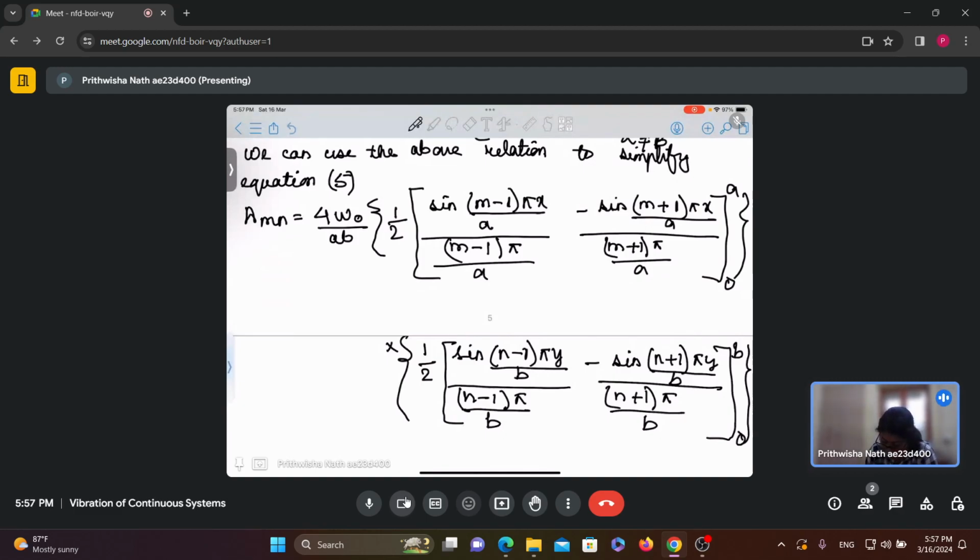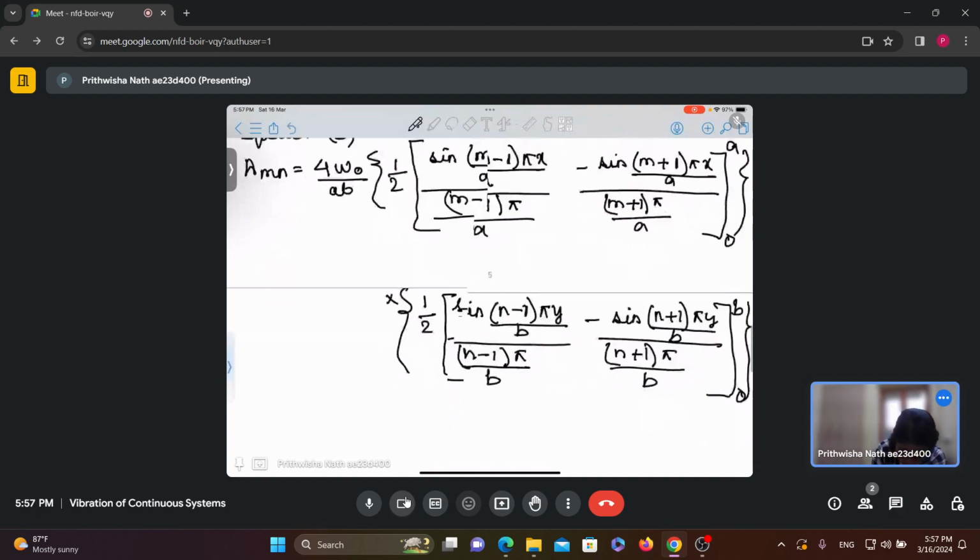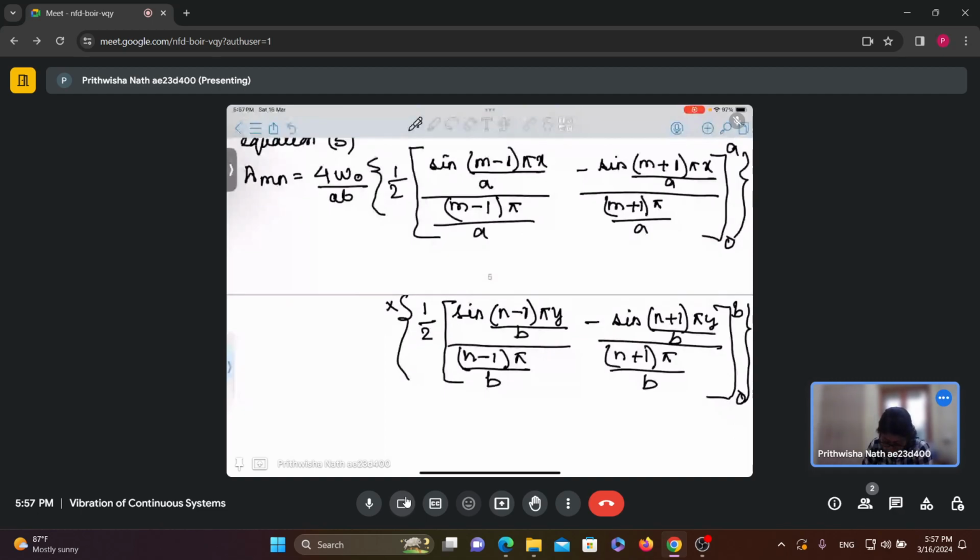Now what can we say from this equation? We can say that A_mn is 0 for m greater than 1 or n greater than 1.